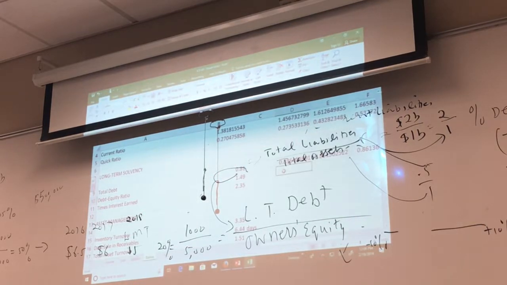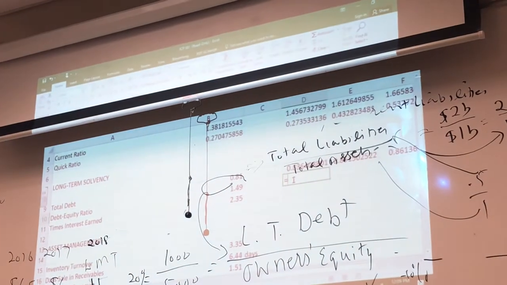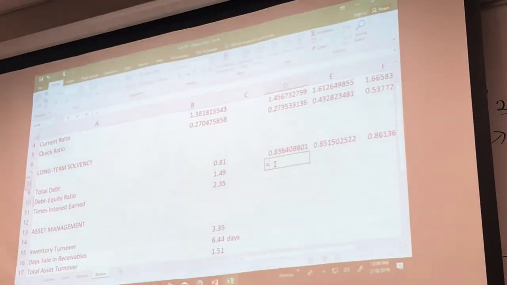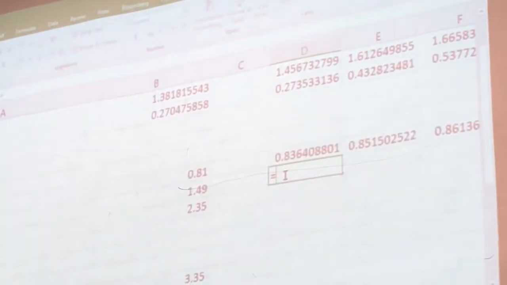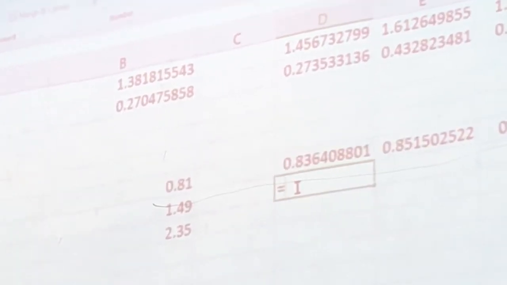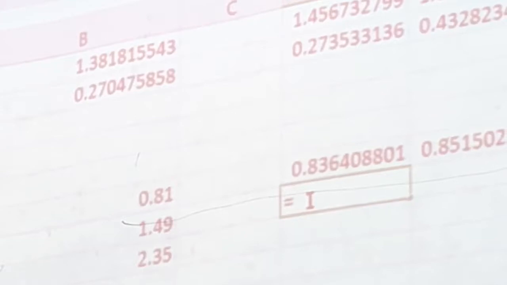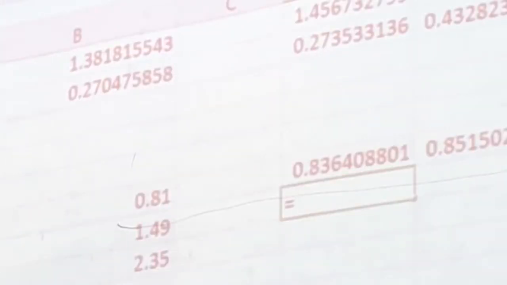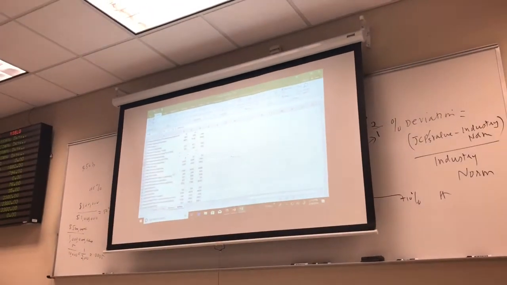So here, click inside this box, equal sign. Balance sheet. Look for long-term debt.